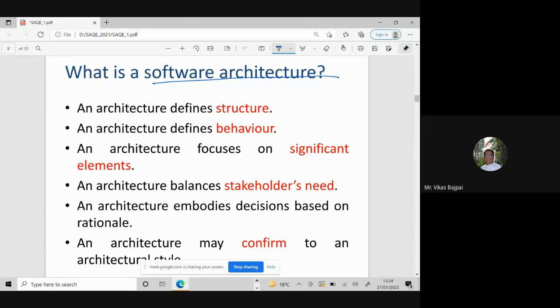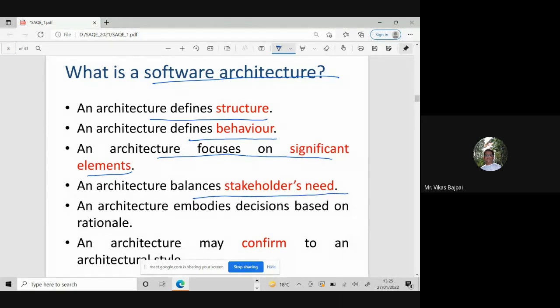Your architecture defines the structure. Your architecture defines the behavior. Your architecture focuses on the significant elements, and balances the stakeholders' needs.